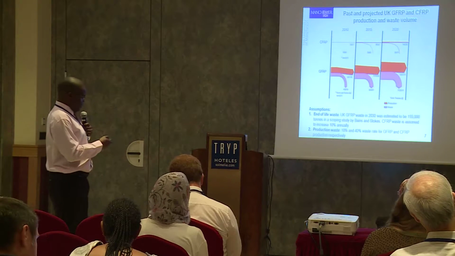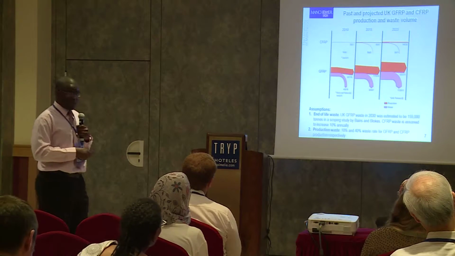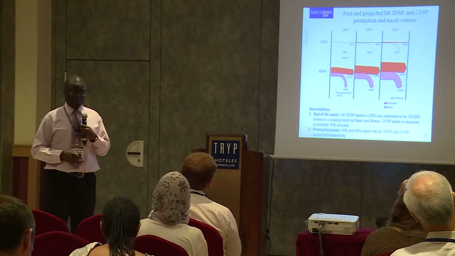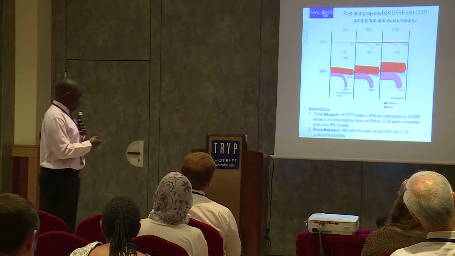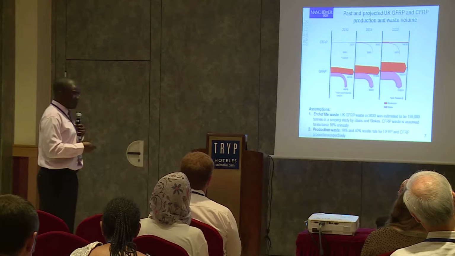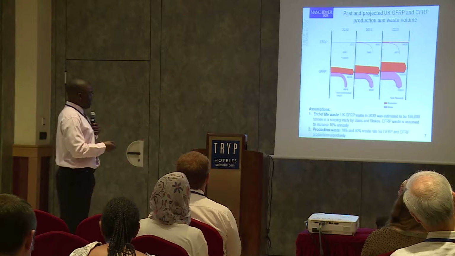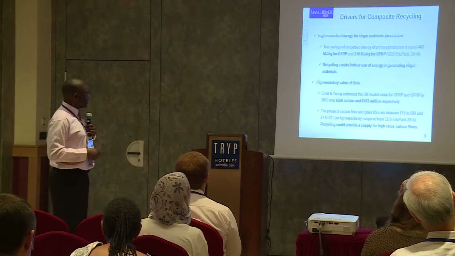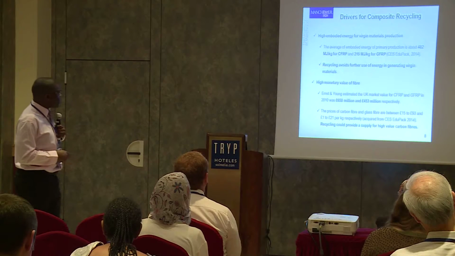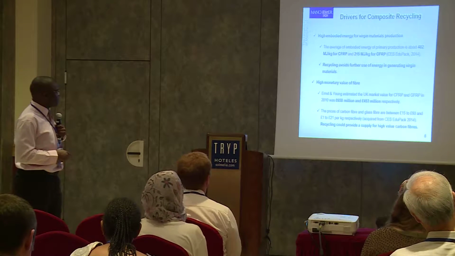This scrap originates from manufacturing processes, so production processes that generate scrap, and also from retired products. So we're looking at how to reclaim this and bring it back to life. Why are we doing this?